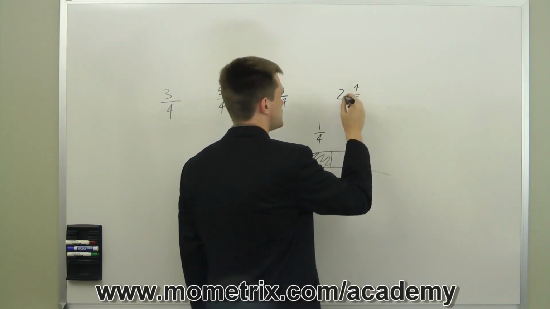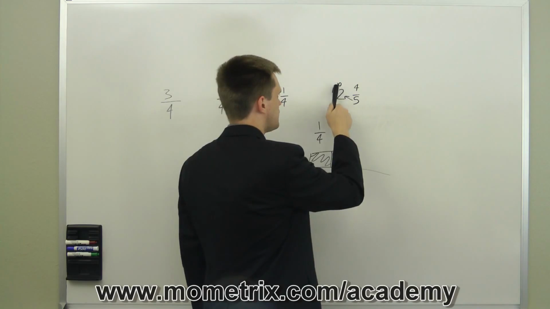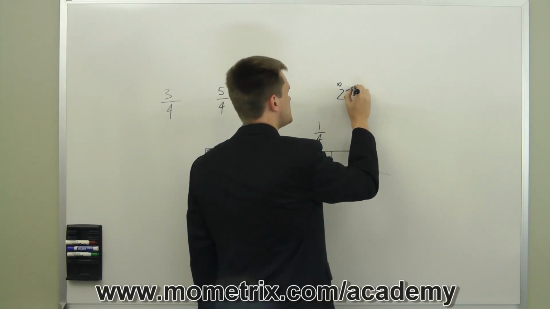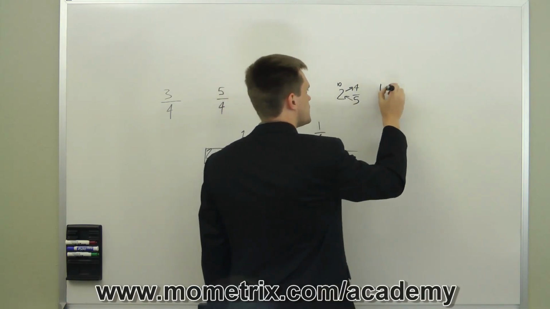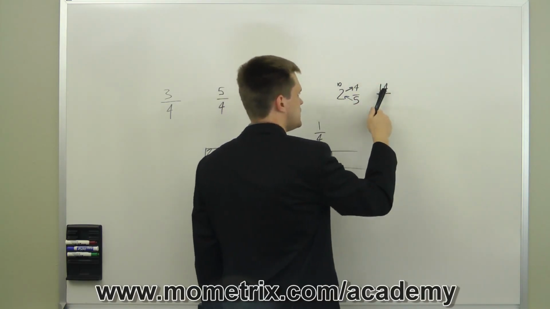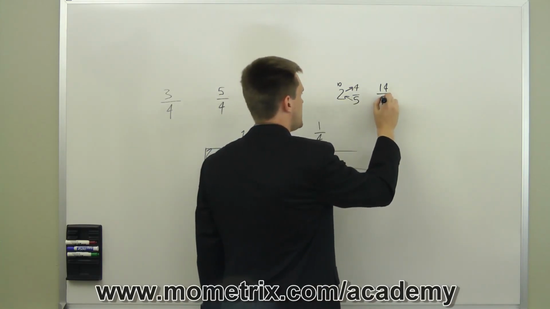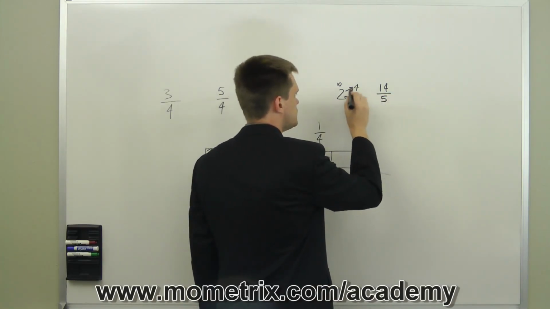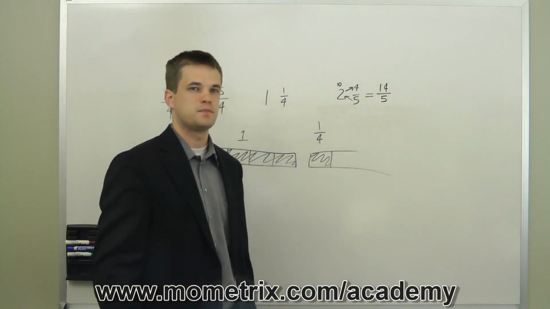So we have 5 times 2, which is 10, and then we take that product and add to it the numerator. So 10 plus 4 is 14. And so then we write 14 as our new numerator, and we keep 5 as the denominator. And so 2 and 4/5 is the same as 14/5.